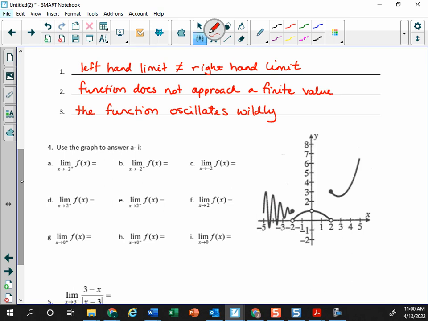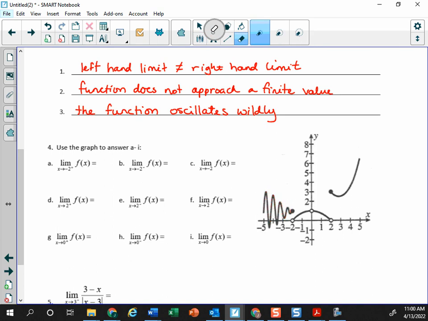All right, are we okay with those three? Excellent. All right, I want you to try again from the graph here, A through I. Now, I will tell you the weird graph here, all of this stuff, this is supposed to be oscillating wildly, okay? If that helps you. It looks like it ends up at a nice happy value, but it's oscillating wildly.